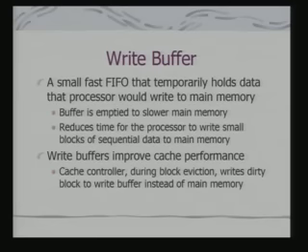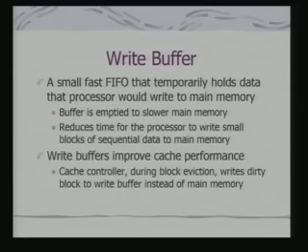So instead of writing the data directly onto the main memory, the processor writes data onto the write buffer, and from the write buffer the data is stored back onto the memory. Obviously, write buffers improve cache performance, because during block eviction the cache controller writes the dirty block, that is a block for which the dirty bit is set, to the write buffer instead of writing it back to the main memory.